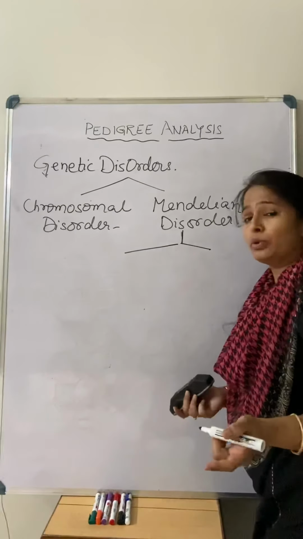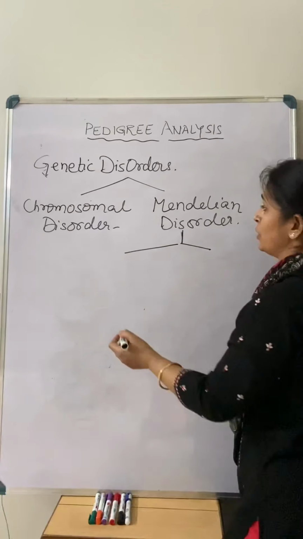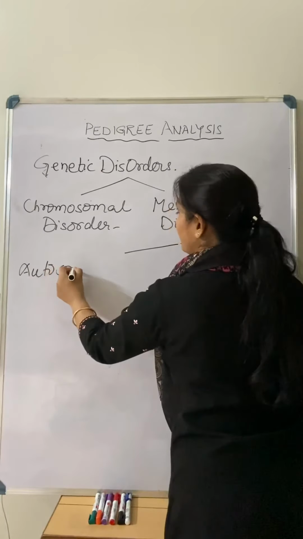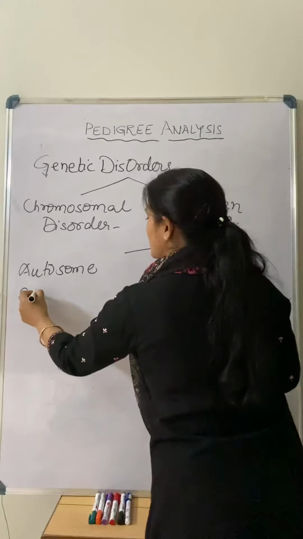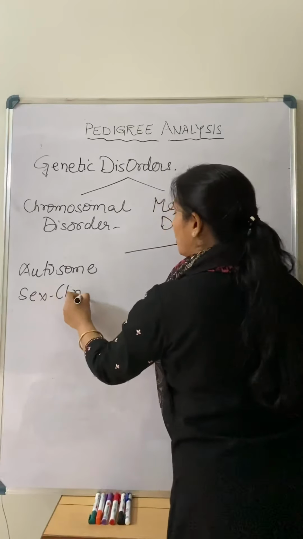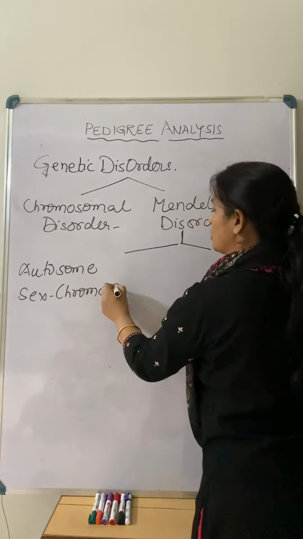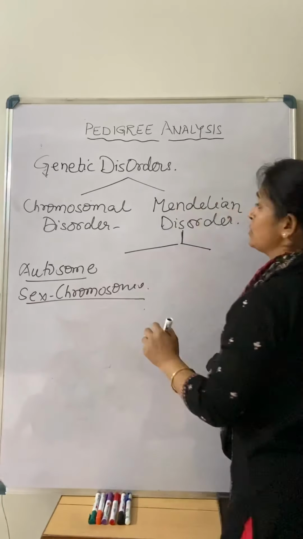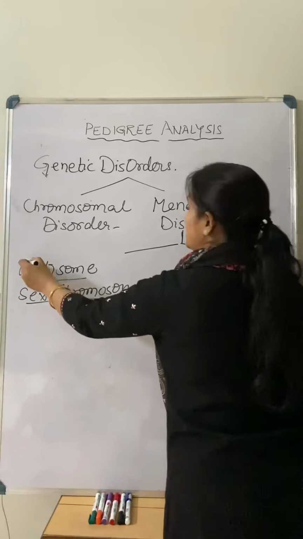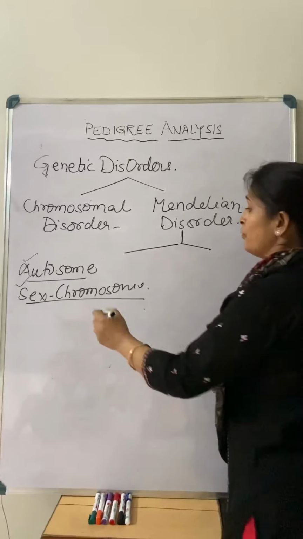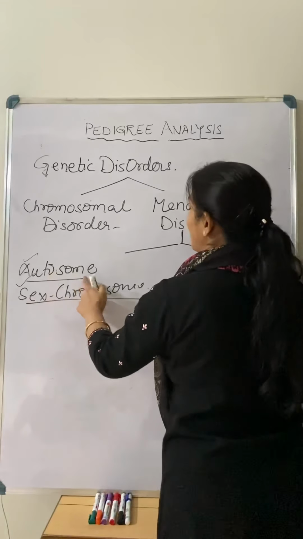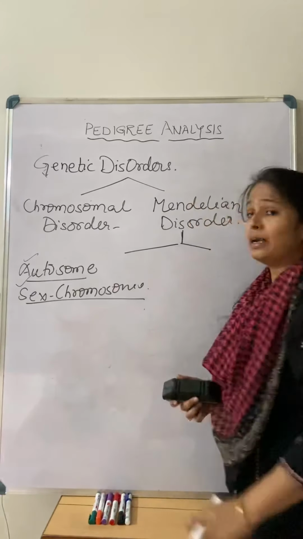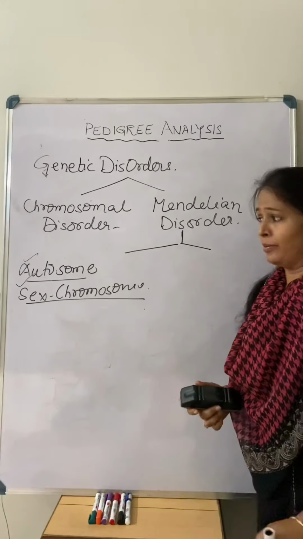There are two types of chromosomes that you know very well: autosomes and sex chromosomes. When the disorder takes place in autosomes, it is known as an autosomal disorder, and when it is sex-linked, it is known as a sex-linked disorder, right?